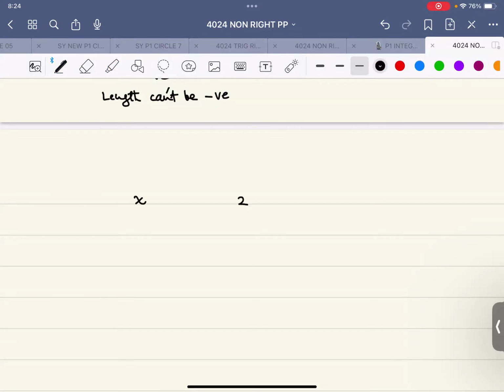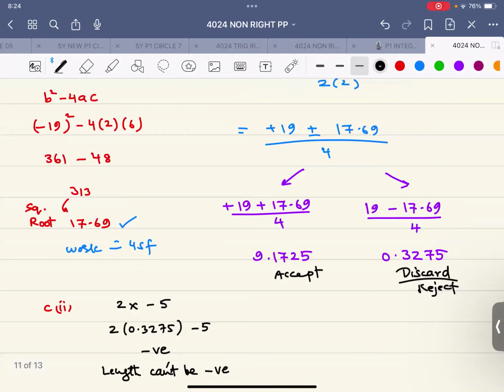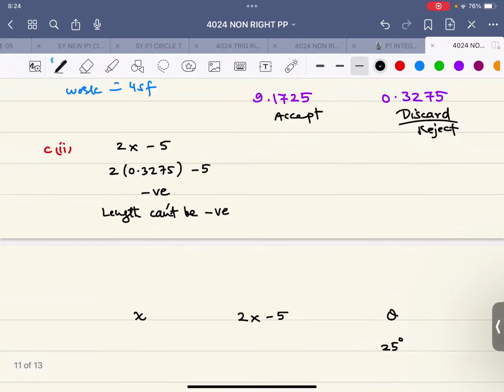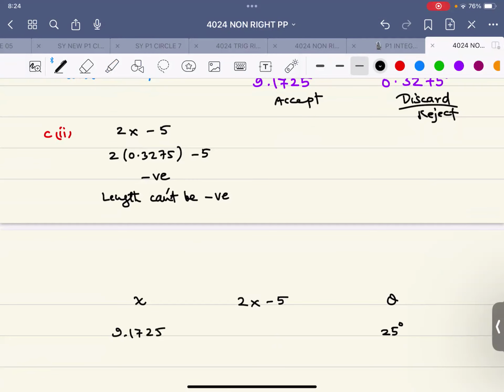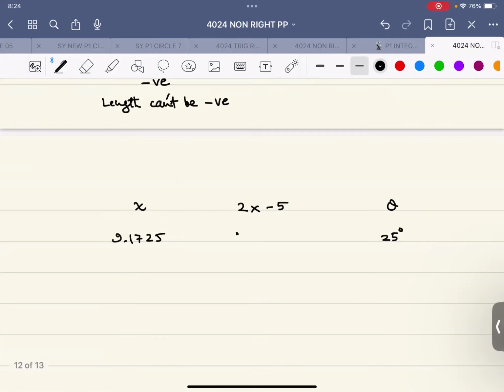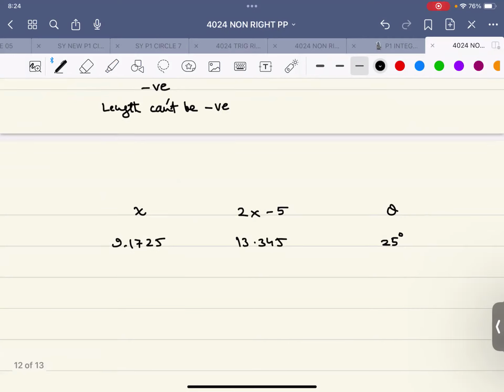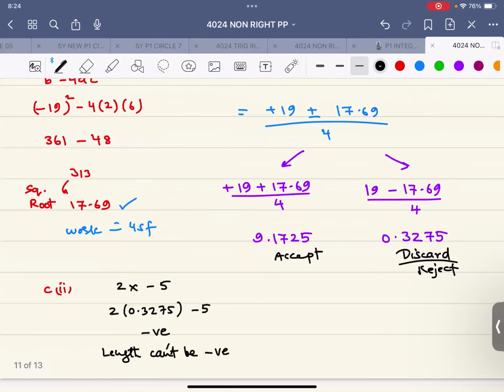We have a length which is 2x minus 5. We have theta. Theta is 25 degrees. x, we have to take it to be 9.1725. And 2 into 9.1725, and then we are subtracting 5. This is 13.345.